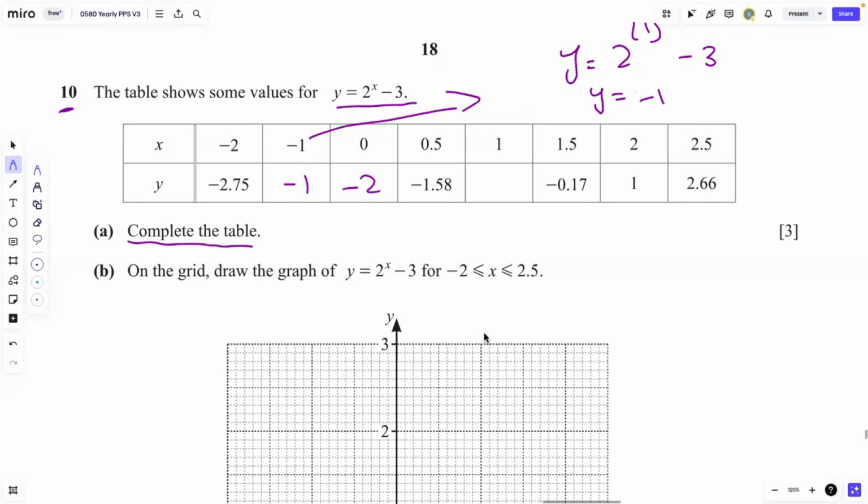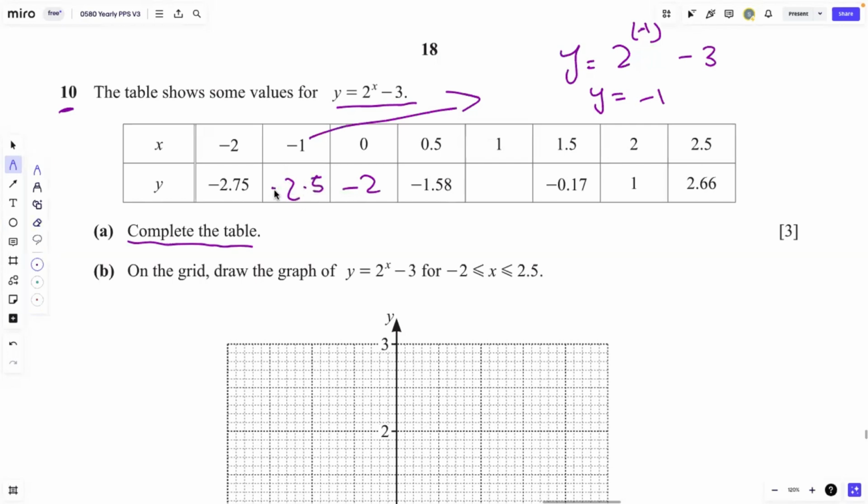2 to the power 1 is going to give us, hold up, I think this is -1 actually, yeah. So this might be correct. Yeah, this value is incorrect here. This is actually going to be -2.5.